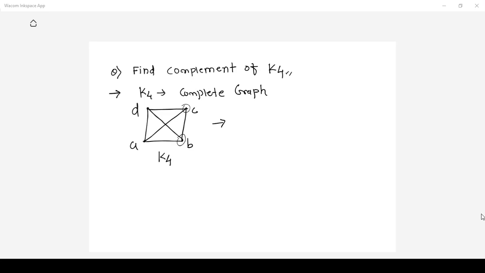So complement of a graph has same vertices as the original graph G. So A, B, C, D, and the vertices which are not adjacent in the given graph becomes adjacent in its complement. Now as this is complete graph, every vertex is adjacent to every other vertex. So your complement of the complete graph becomes a null graph.